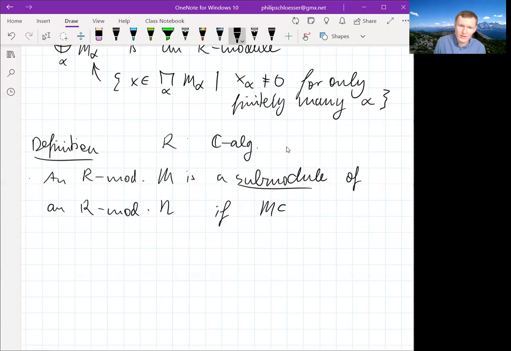Just the obvious condition: firstly, it's a subset, and secondly, all of the operations are just obtained by restriction.